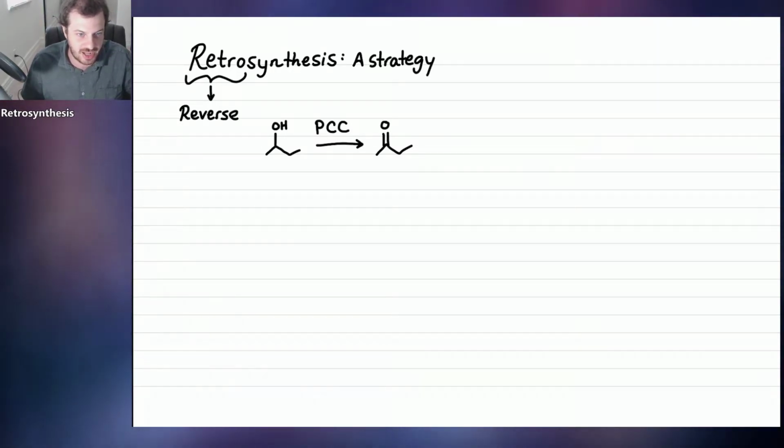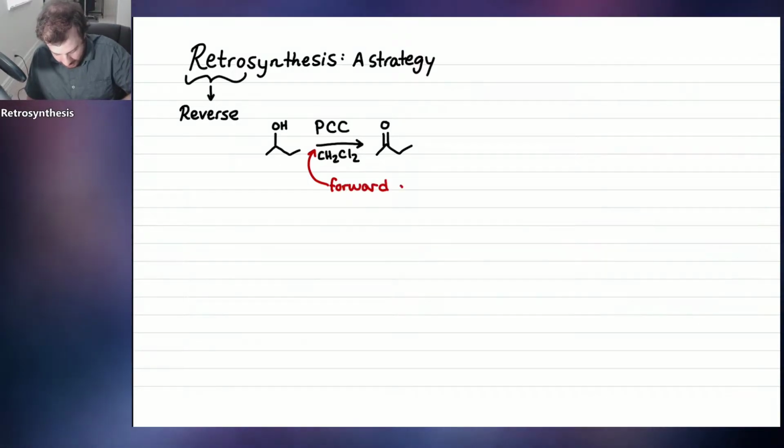We just learned this reaction in the last lesson. It turns an alcohol, a secondary alcohol, into a ketone. The solvent, which is optional, is typically CH2Cl2. There's another reaction that would do the same thing. Can you figure out what the other reaction is that would turn a secondary alcohol into a ketone? I won't spoil that for you, but that's another totally valid answer that you could say as well. And what I want you to notice here is that we have a forward arrow.